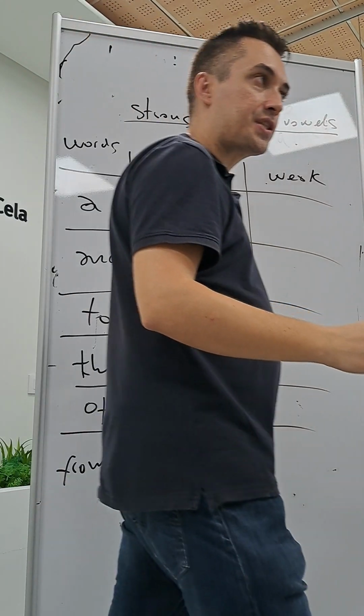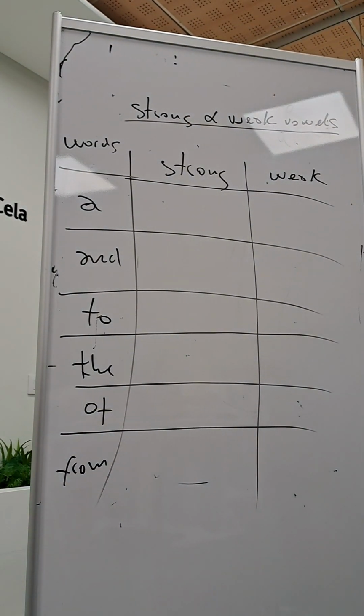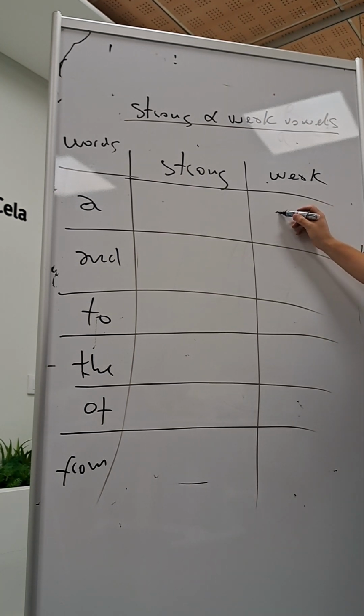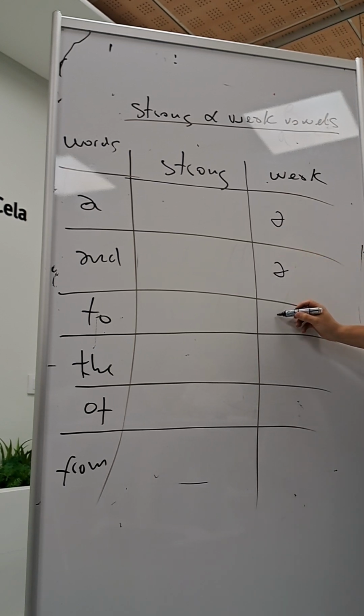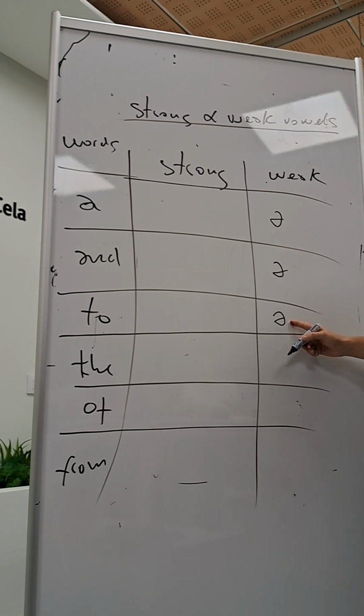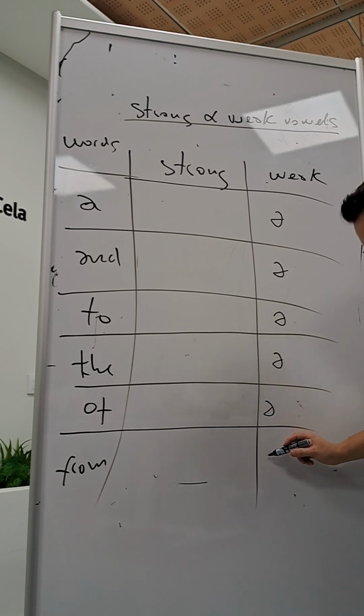Normally, unless for some specific reason you want to emphasize them, these words will always be weak. So, schwa, and, to, that, of, from. Where are you from?